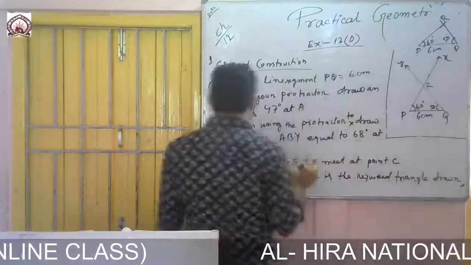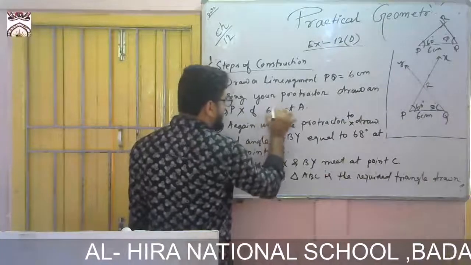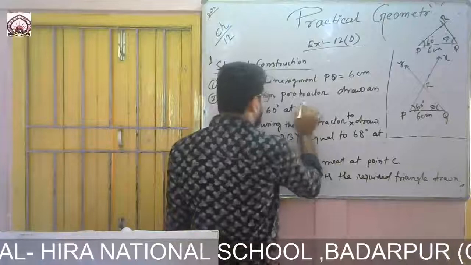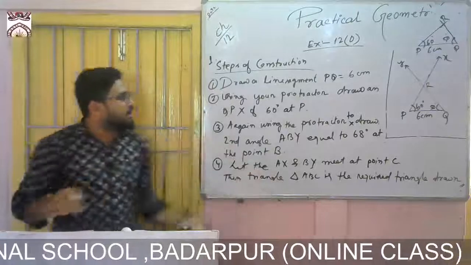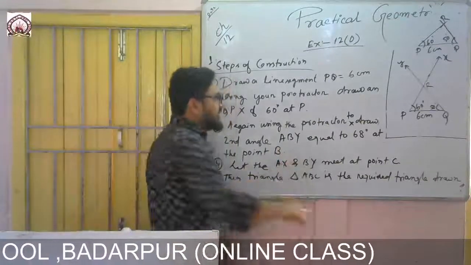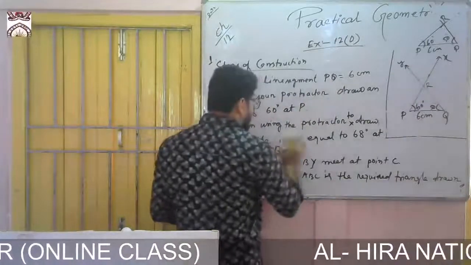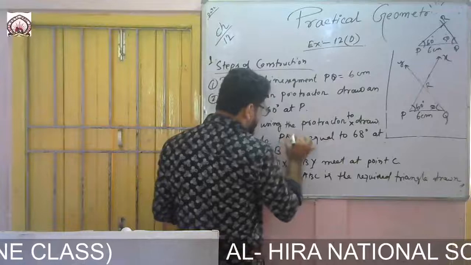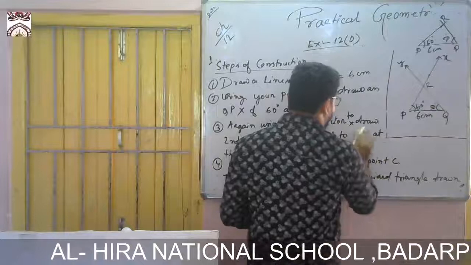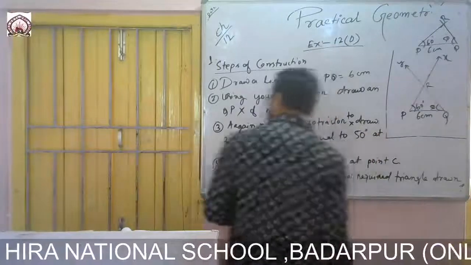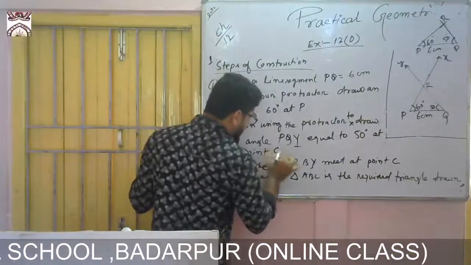So QPX is 60 degree at P. And again using the protractor to draw the second angle, that is this angle, I can write this as PQY equals 50 degree at the point Q.